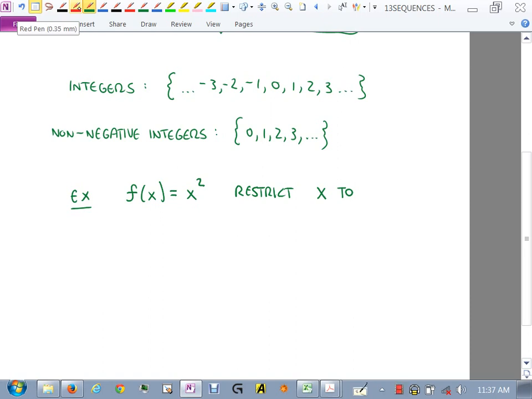There was a nice letter that we could use. Remember the double struck R? That meant all real numbers. There's actually another symbol that we use for integers. It's a double struck capital Z. These are the integers.